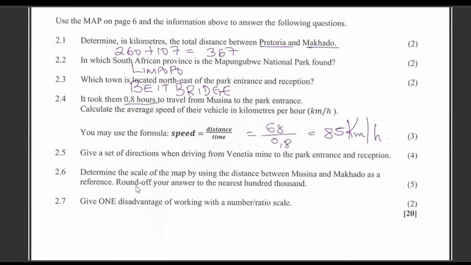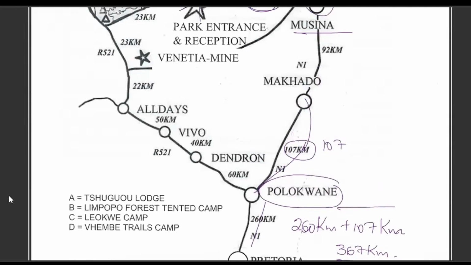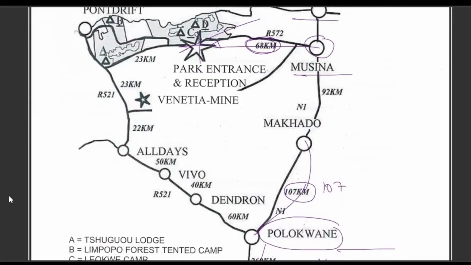So let's come to this and say, give a set of directions when driving from the mine to the park entrance and reception. Now, also this one, you need to look at it and critically tell. This is from here, so you say you will use R521.